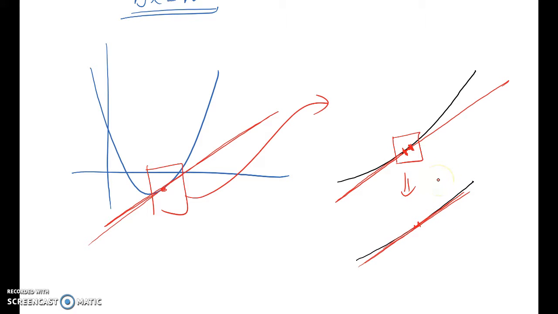Which means we are zooming in more and more, trying to make the difference between the x interval almost 0, but not exactly 0. So whenever we approach a particular value, what kind of concept have we used?